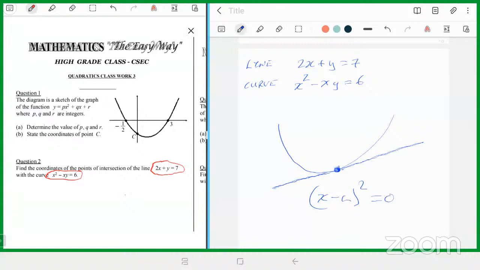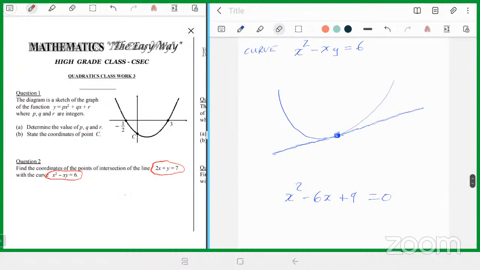If you expand this, let's use 3 for simplicity. All right, so if you expand it, you will get x squared minus 6x plus 9 equals 0. So I'm saying to you, if your quadratic equation where you put the line and the curve together comes out to be something like this, this equation will give you 2 equal roots.